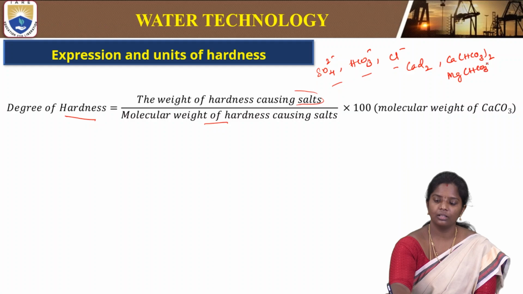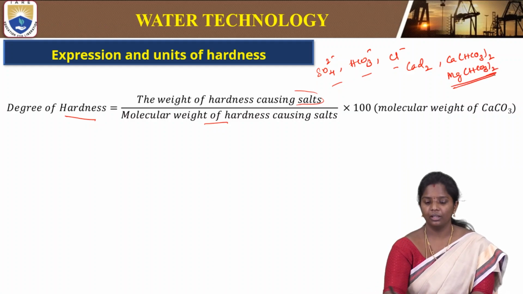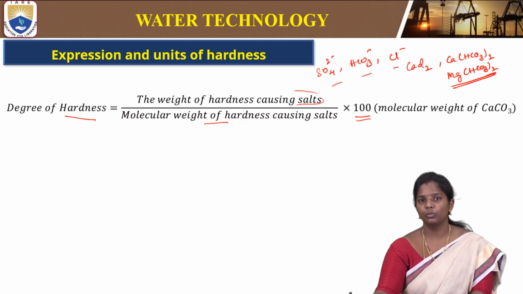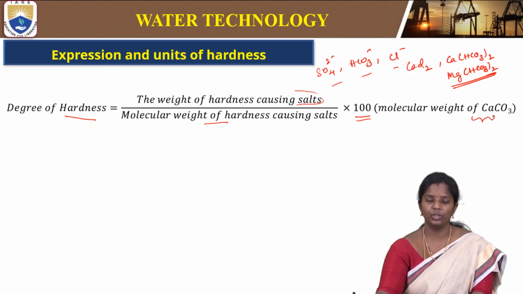We take the molecular weights of these compounds and multiply with 100, the molecular weight of calcium carbonate, because the most common hardness causing compound is calcium carbonate. So we represent it in the form of equivalents of calcium carbonate, and therefore we multiply with 100.